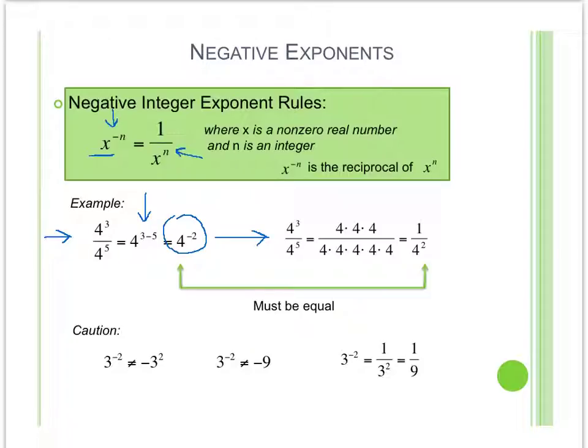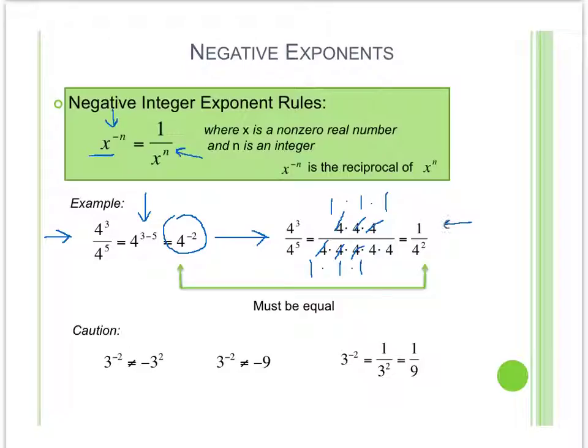Now, if we take that same problem over on this side and just write it out, we have 4 to the 3rd power, which we know means 4 times 4 times 4 in the numerator, and then 4 to the 5th power in the denominator, so multiply 4 together 5 times. As you can see when it's written out, we have common factors of 4 in the top and bottom, so that leaves us with 1 times 1 times 1 in the numerator, 1 times 1 times 1 times 4 times 4 in the denominator.